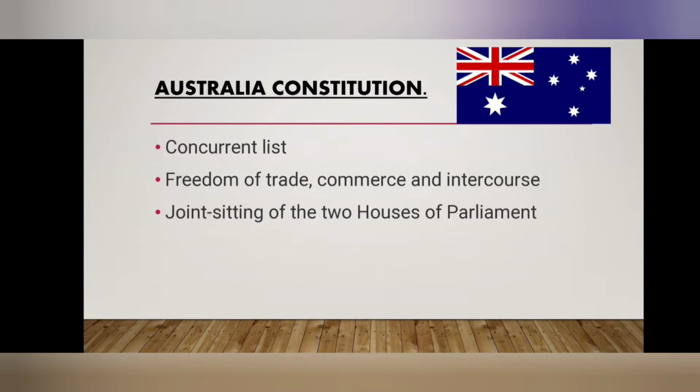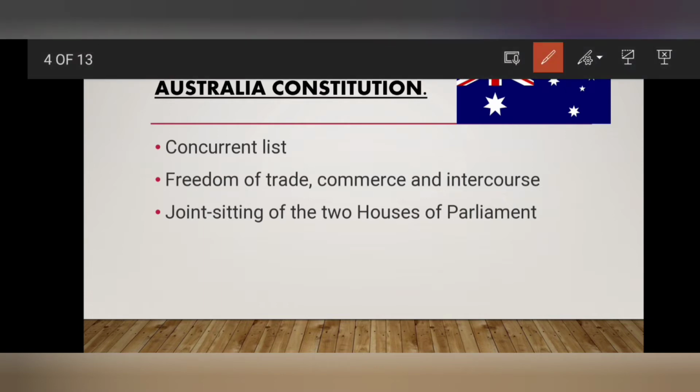Coming to the other constitutions. Firstly, the Australian constitution. From it, we have taken the concurrent list. You know about the lists, right? We'll study that further. We have three lists: union list, state list, and concurrent list. The concurrent list has been taken from the Australian constitution.